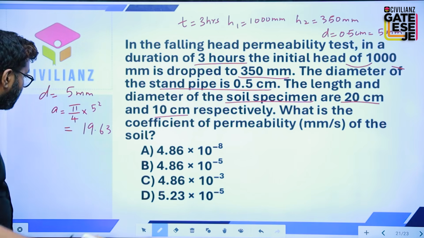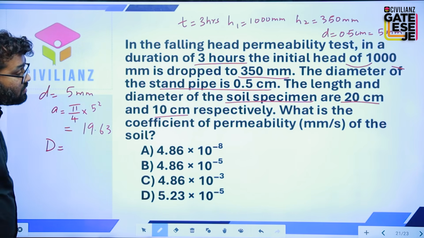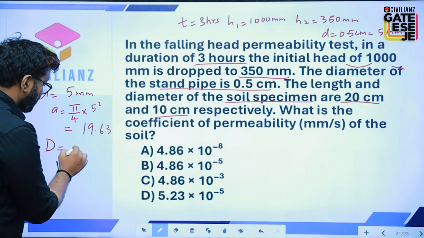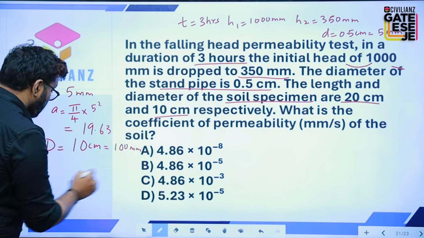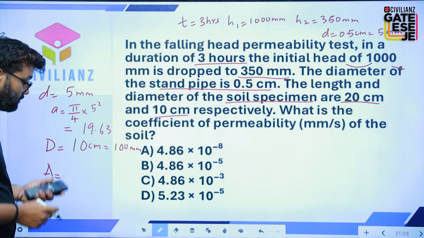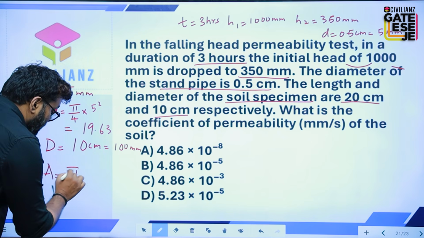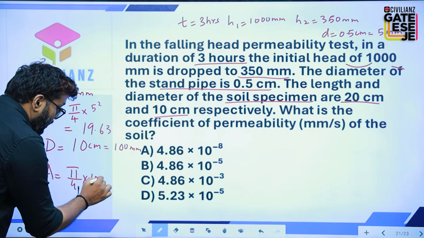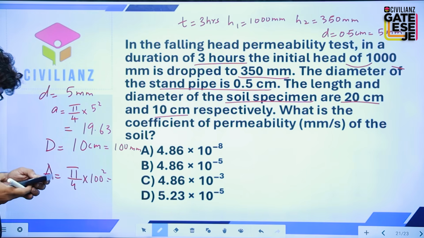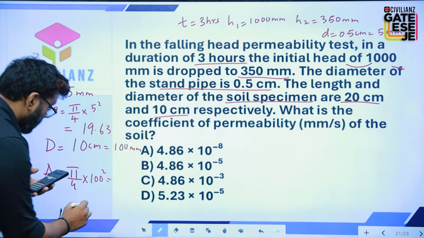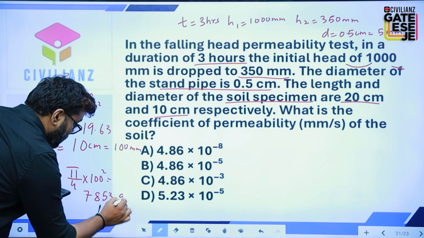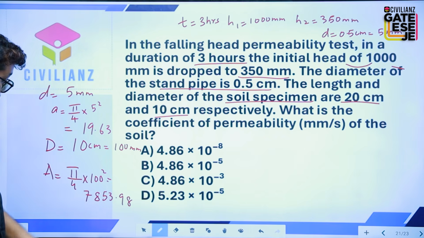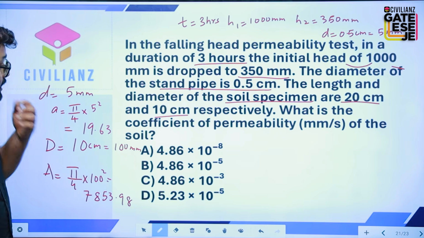For the soil specimen, the diameter is given as 10 centimeter, which is equal to 100 mm. So the area of the soil specimen is pi by 4 into 100 square, which is equal to 7853.98.